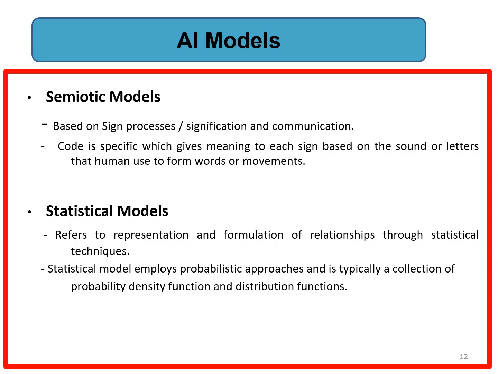It represents relationships among variables using mathematical and statistical techniques. It uses probability to make predictions or decisions under uncertainty. Instead of using fixed rules, the statistical model learns patterns from the data and estimates the likelihood of different outcomes.